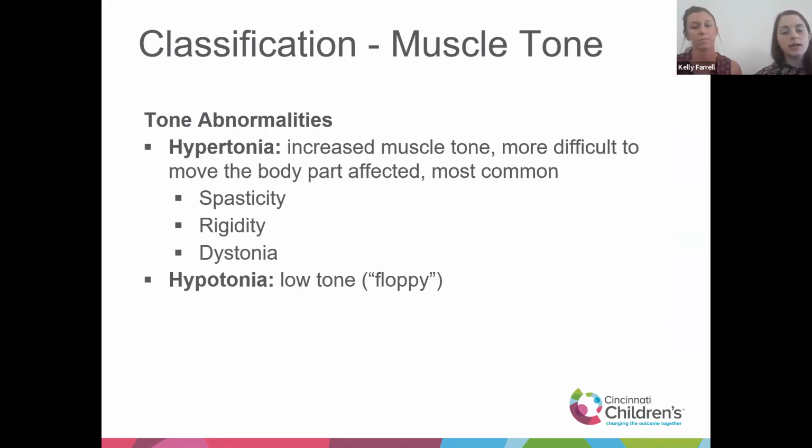For rigidity, it is not velocity dependent, so it does not matter how quick or slow you move the joint, they still have that tightness. And then finally, dystonia is an uncontrolled movement that is involuntary and very repetitive. We will have a video of what dystonia looks like on a following slide.